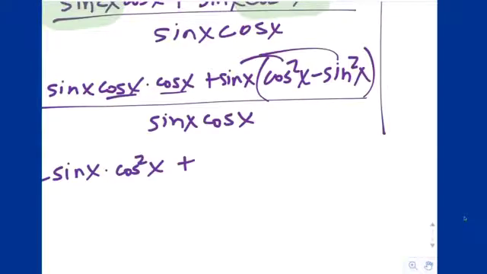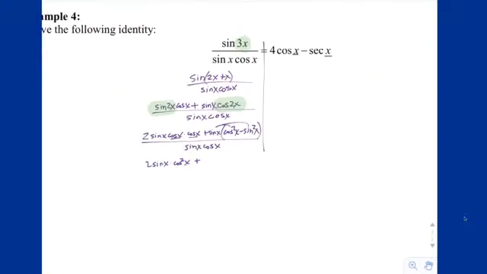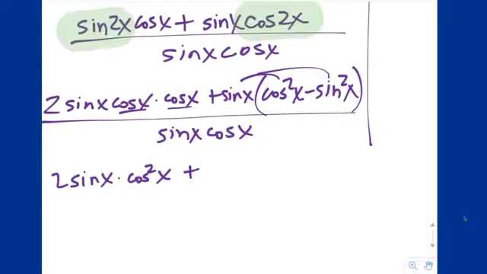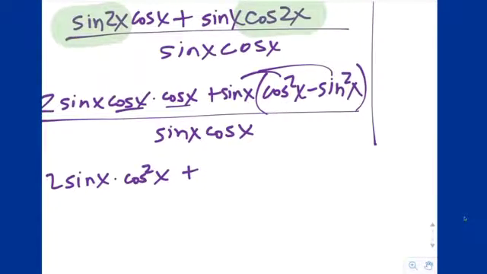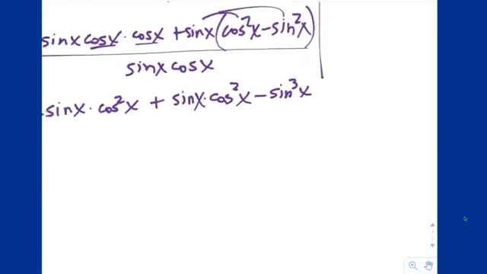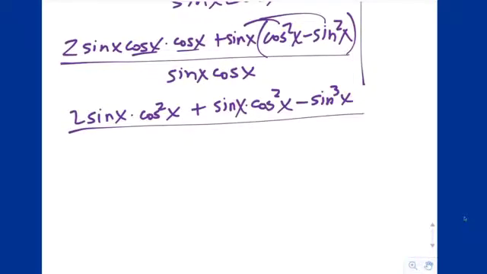Plus, we can't distribute. You want to? All right, we'll see what it does. It's not wrong. If it doesn't work, sometimes knowing what doesn't work can be kind of nice as well. You know, not to try it again. All over sine x cosine x.